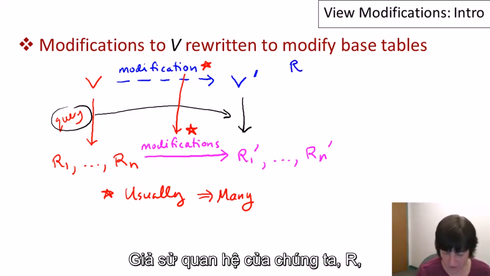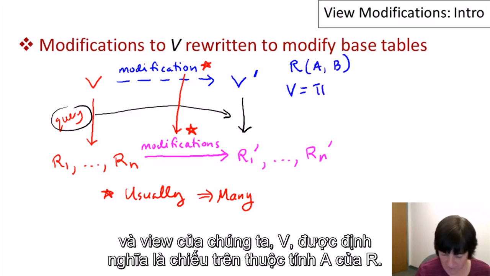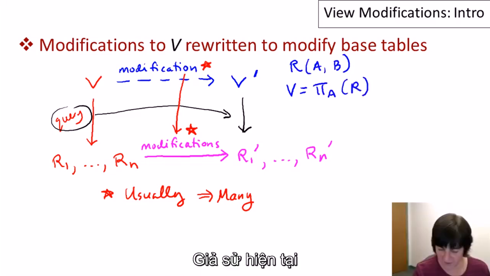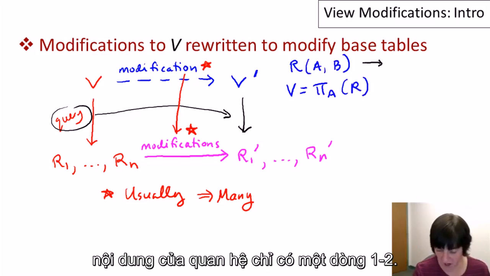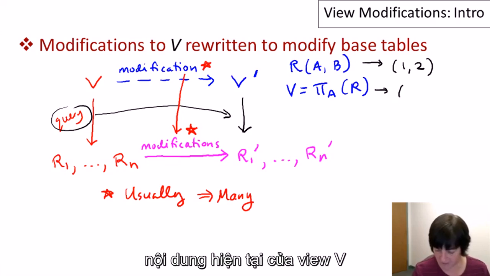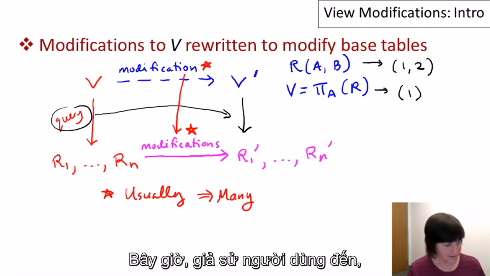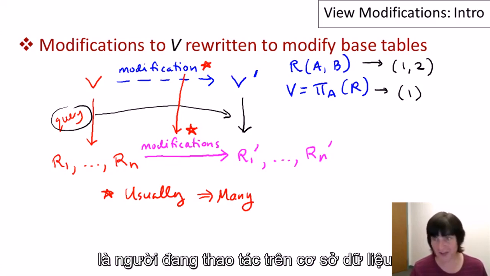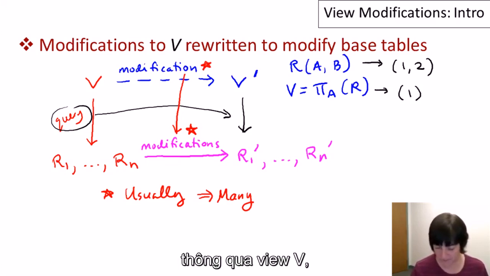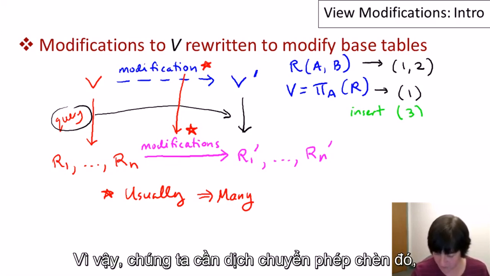Let's suppose that our relation R has two attributes A and B, and our view V is defined as the projection on A of R. Let's say that our current contents of relation R are just one tuple, the tuple 1, 2. In that case, the current contents of our view V are just the tuple 1. Now let's say the user comes along. It's a user who is operating on the database through view V, and they say insert into view V, please, the tuple 3.